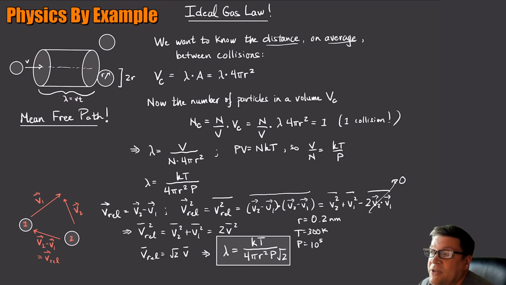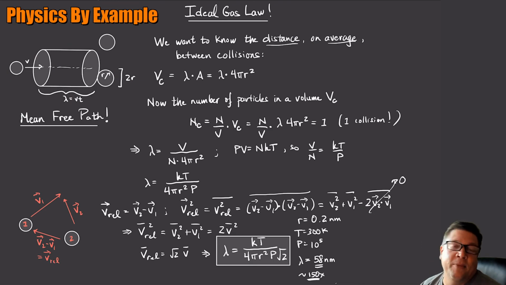Okay, you plug all those numbers in, and what you get is a lambda. What did I get? It's something like 58 nanometers. That's kind of an interesting number. So in an ordinary gas, what this means is that the average distance a molecule can go before hitting another molecule is something like 150 times the molecule's own size, which should sort of jive with the way that you feel gases should be anyway, right?